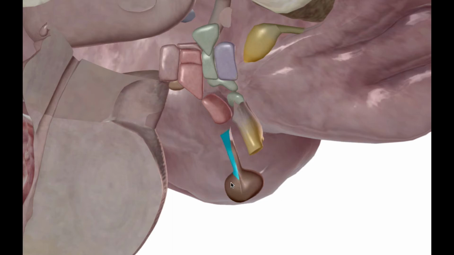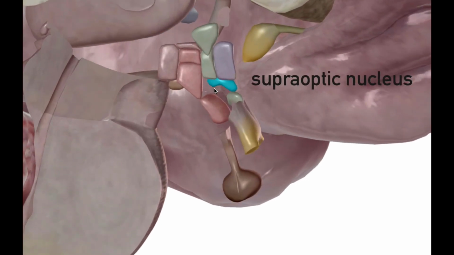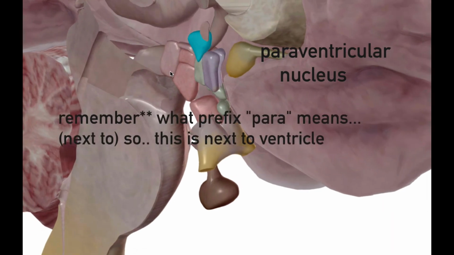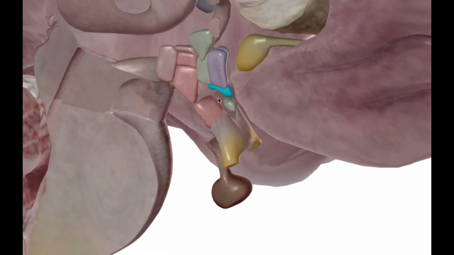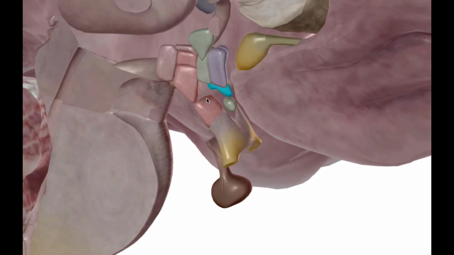The infundibulum, or the posterior pituitary, has a connection to two particular nuclei. Let me locate them here. The first one is called the supraoptic nuclei, and the second is called the paraventricular nuclei. These two nuclei secrete two different types of hormones.